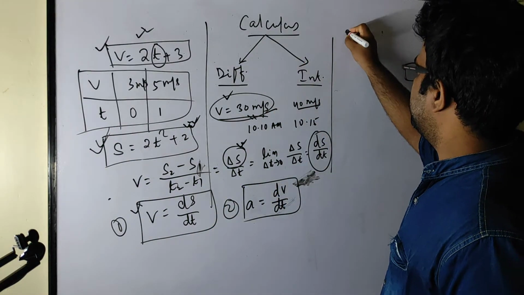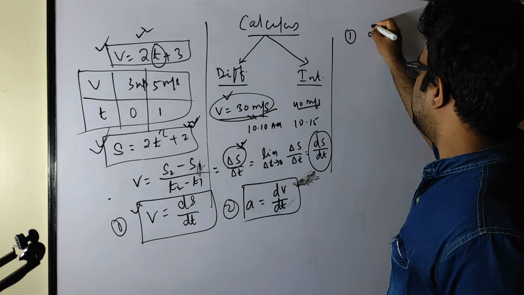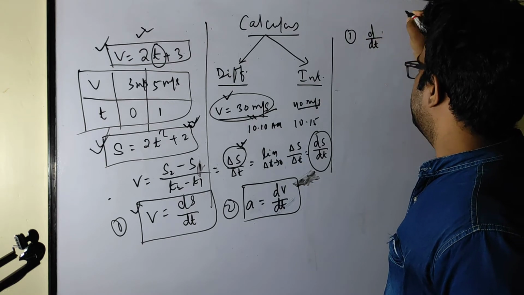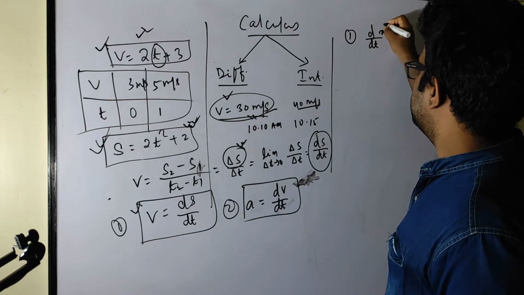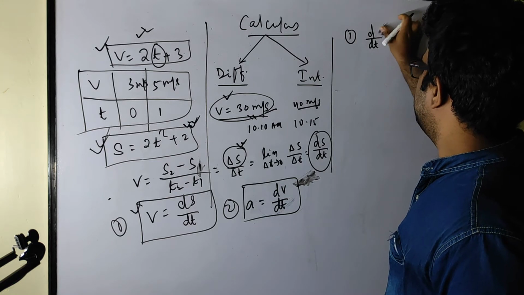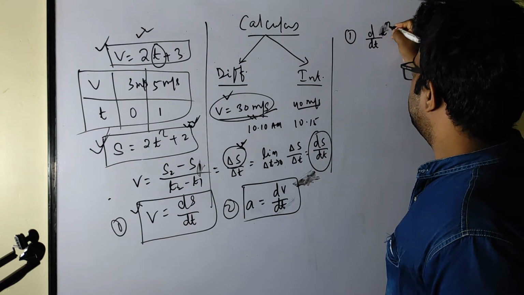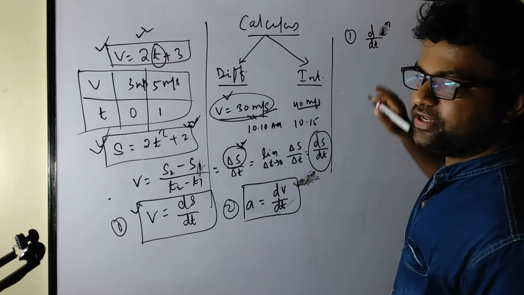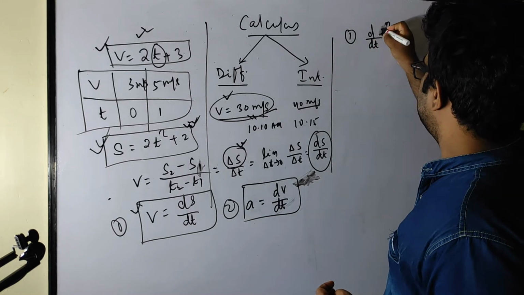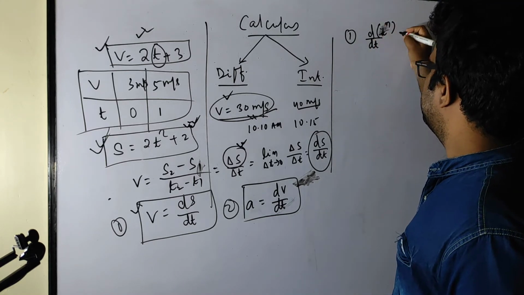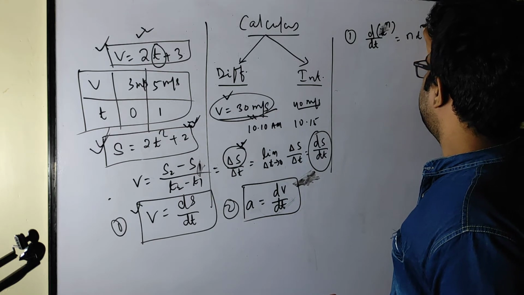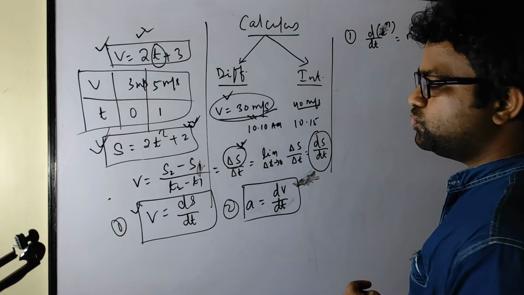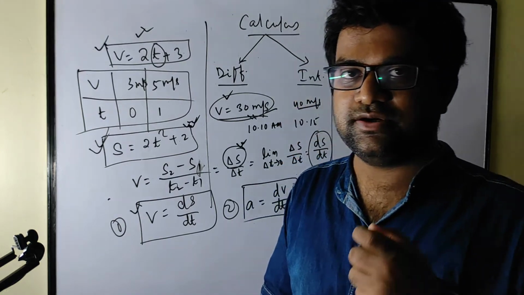The first formula: d by dt of t to the power n, where the variable should be the same, is n into t to the power n minus 1, where n is the power.